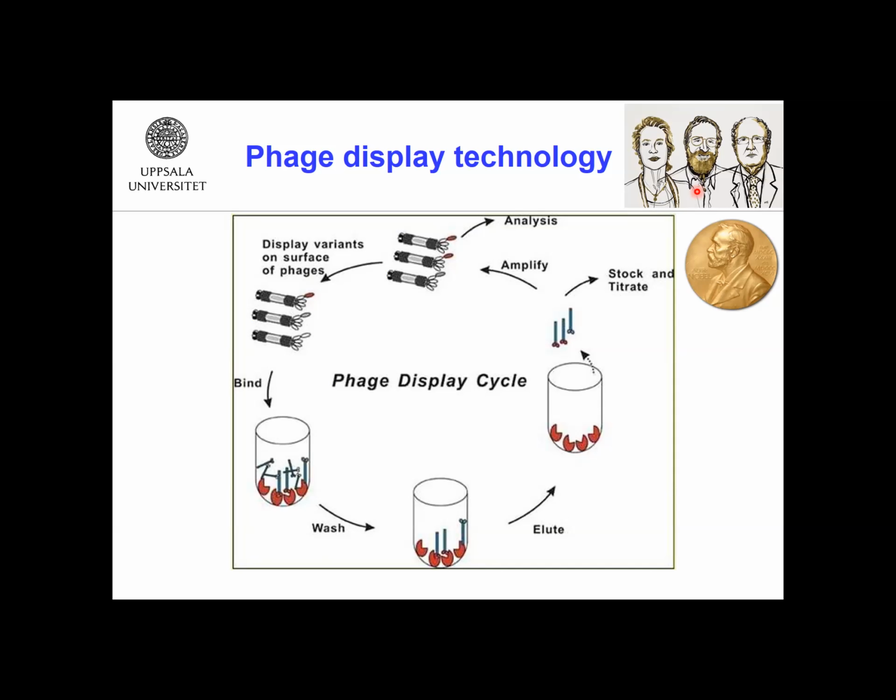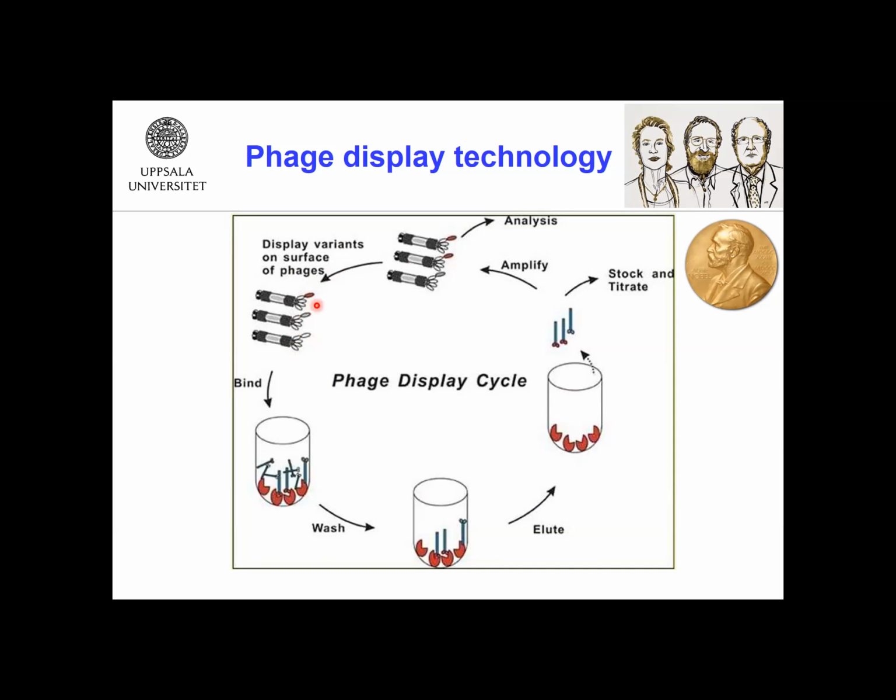And by random synthesis, you might create a library containing millions or hundreds of millions of different variants. And in this case, the phages expressed the desirable or different peptide on the capsid. So the cycle was arranged like that.